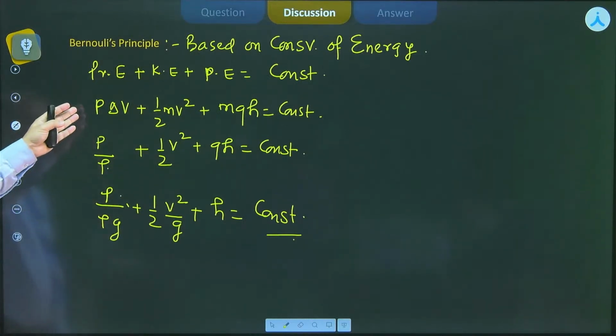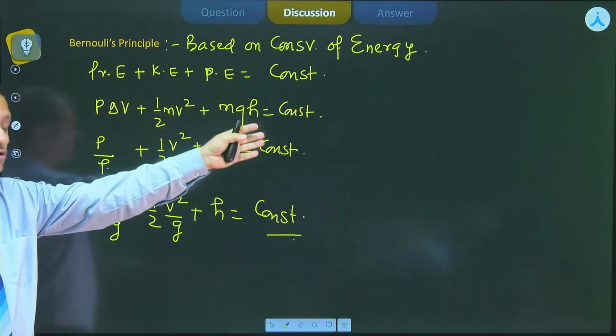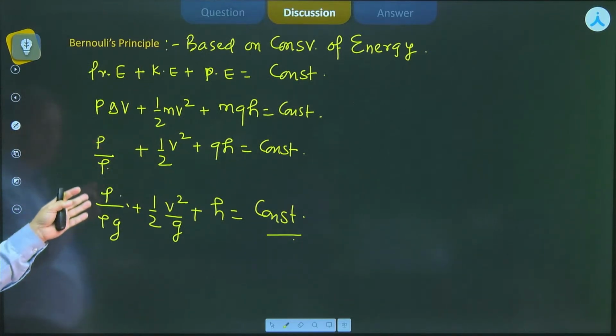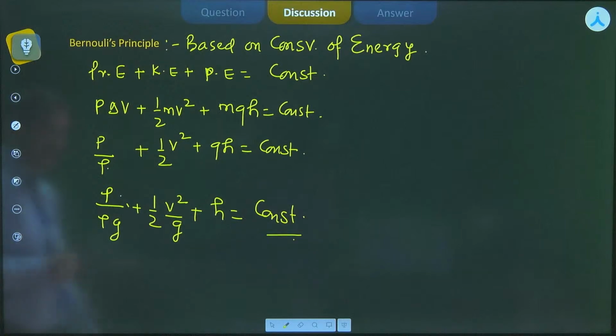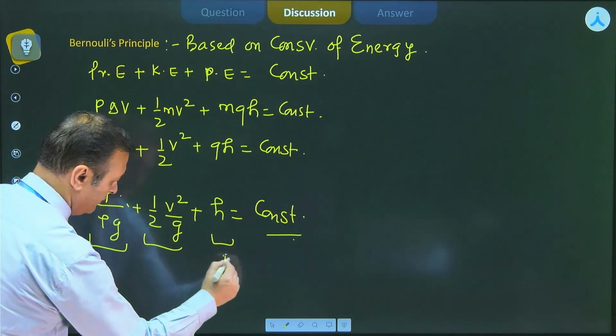So this is total energy of the fluid that comprises pressure energy, kinetic energy, potential energy, and this is total energy of the fluid per unit mass, and this is the total energy per unit weight. This is called pressure head.